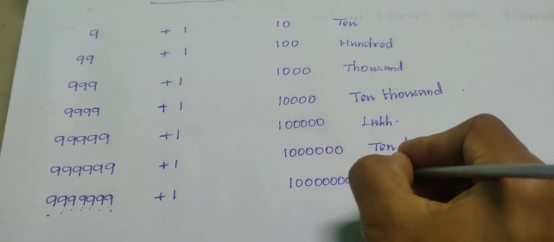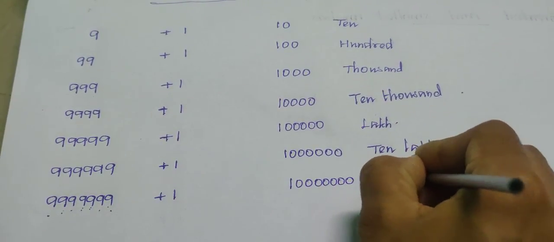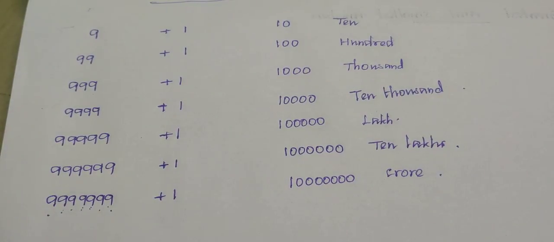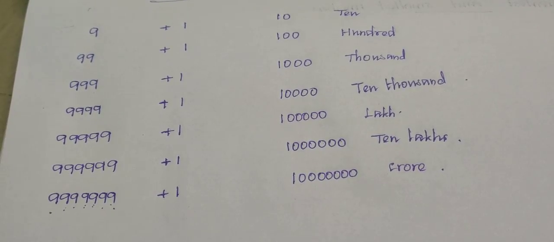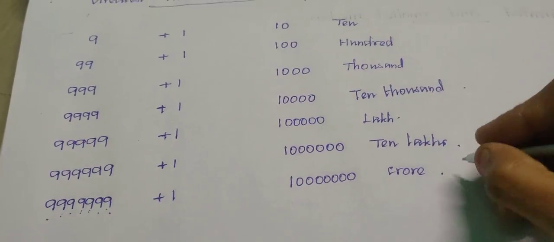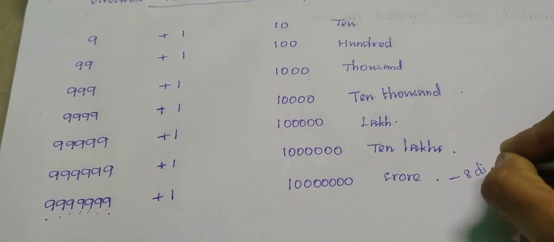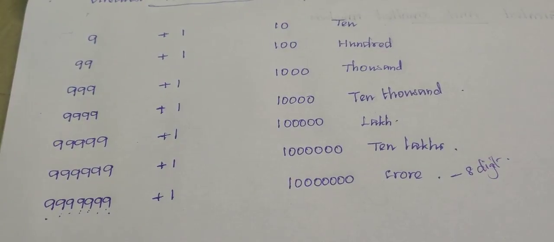What is the spelling for crore? CRORE. Is it clear? The smallest 8-digit number is crore.